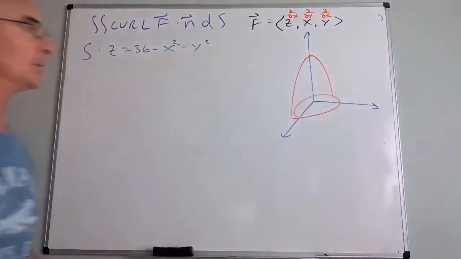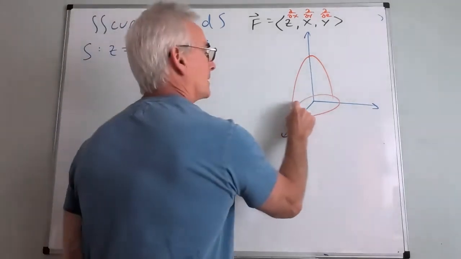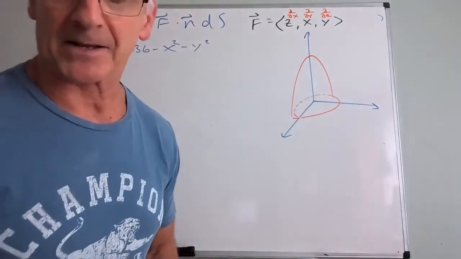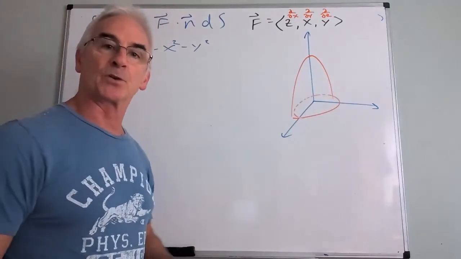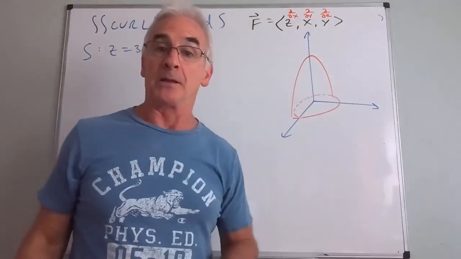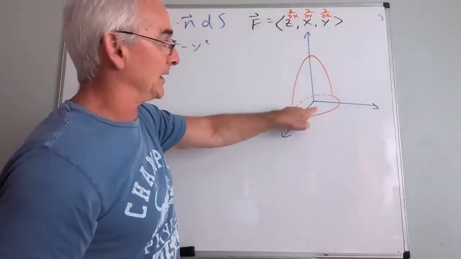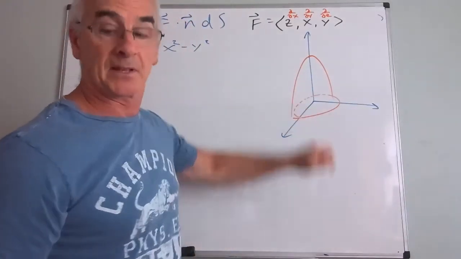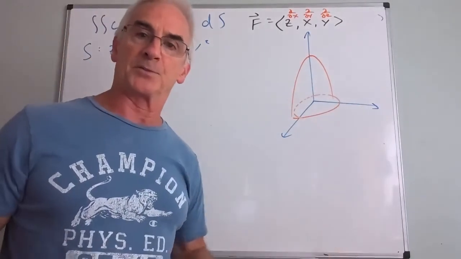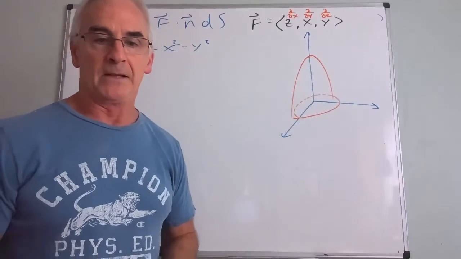I know it's terrible, but our downwards opening paraboloid that intersects on the xy plane. Yeah, because I said z equals 0 is the other boundary. So it's the paraboloid and it stops on the xy plane, which means my region in the xy plane will be that circle, which definitely is nice. That'll make life simpler, but it also means that I suspect that I'm going to go to polar coordinates.